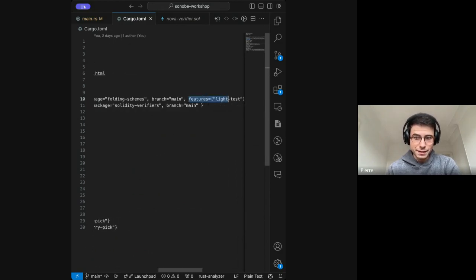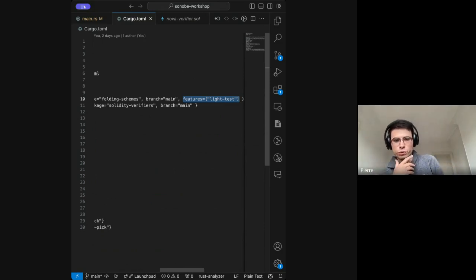We provide the light-test feature when you are using folding-schemes. It's to avoid you using the largest Ethereum decider circuit. When I say decider, a decider is the one that will provide the final zk-SNARK proof of a valid IVC proof. So this is the idea of a decider.